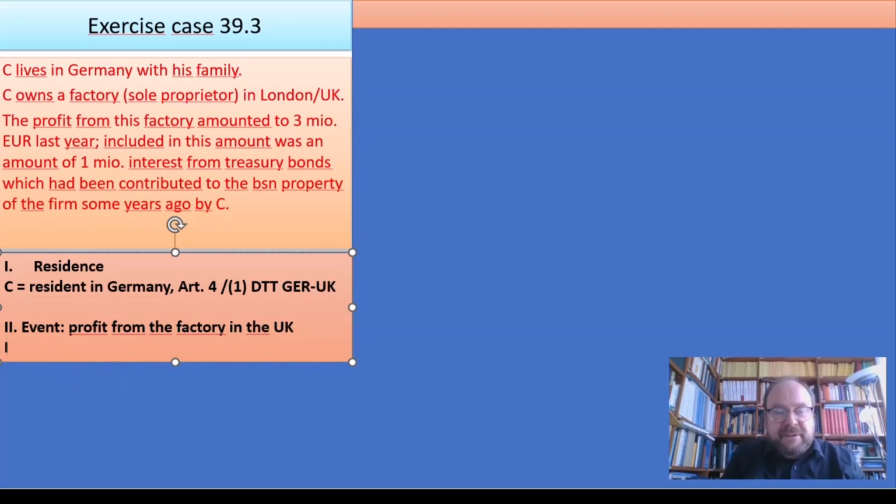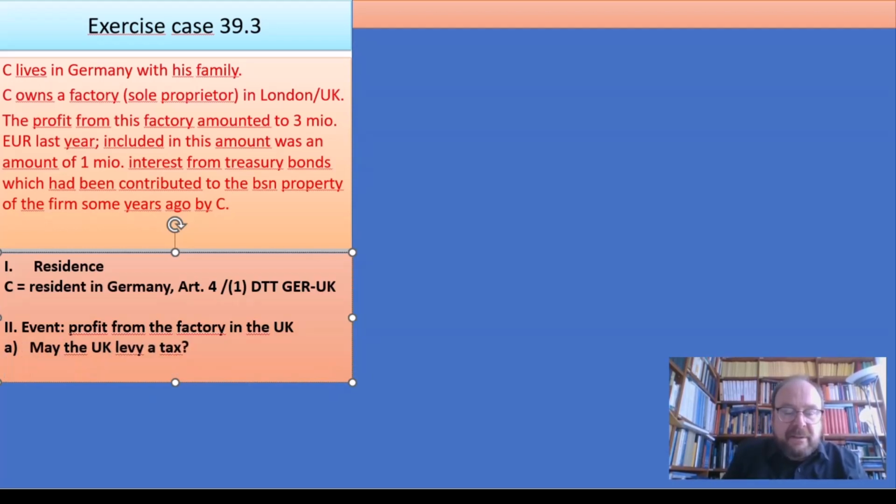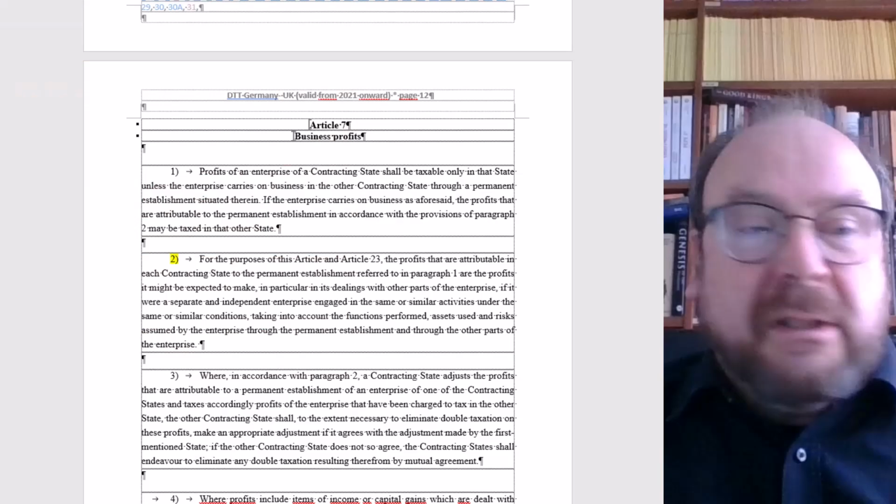And the first question naturally is, may the UK levy a tax? And the answer should be expected in Article 7.1 of the OECD Model Convention. At least that is what we may suspect. And we are going to check naturally if that really applies to the treaty with the UK.